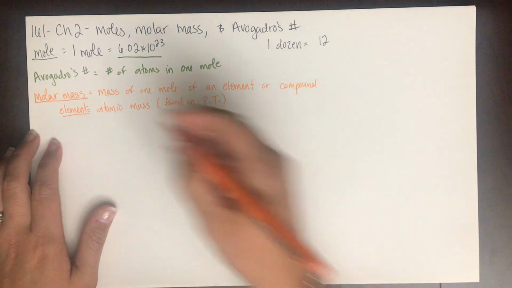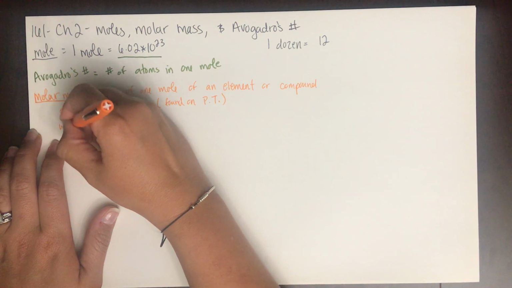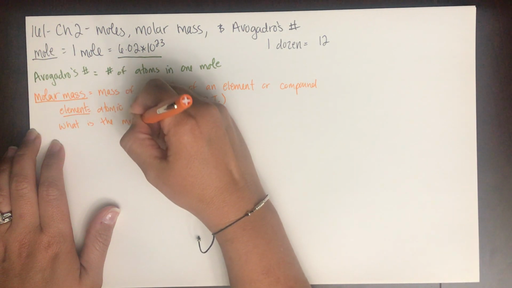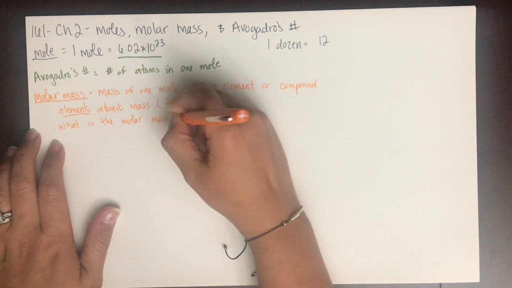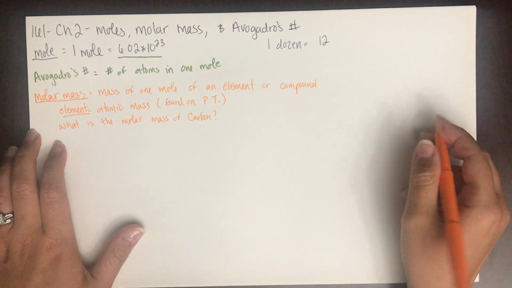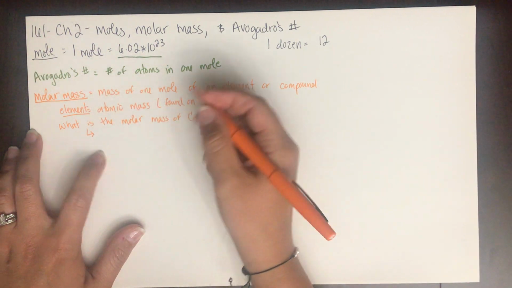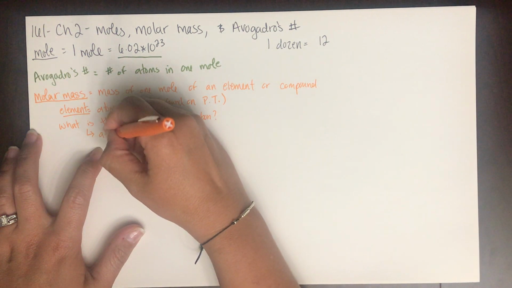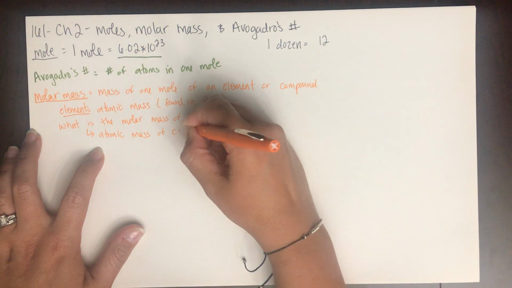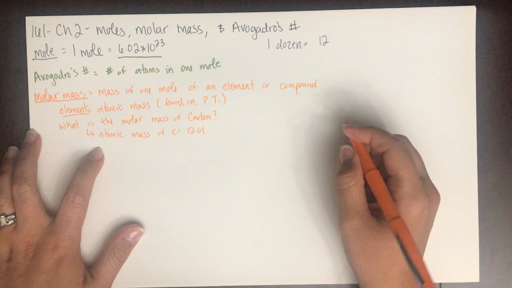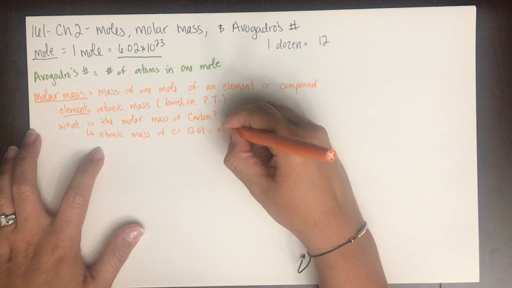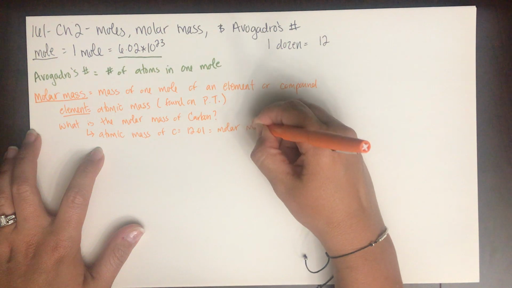So for example, if I ask you, what is the molar mass of carbon? You would look at the periodic table and say, well, the atomic mass of carbon is 12.01. So that means the molar mass of carbon is 12.01.